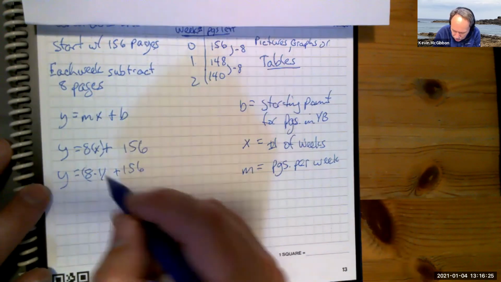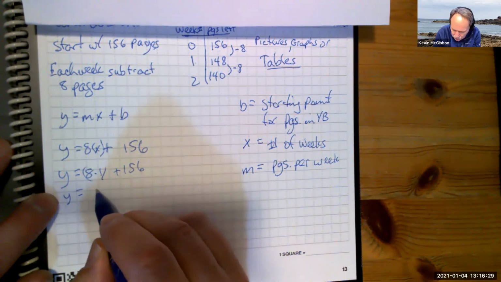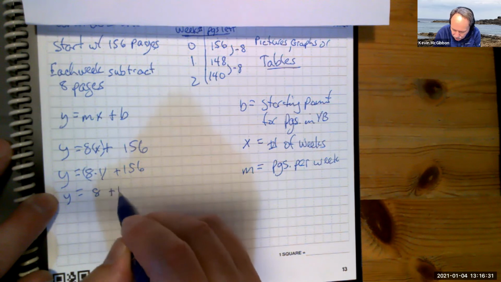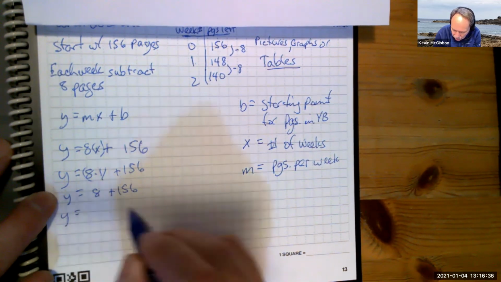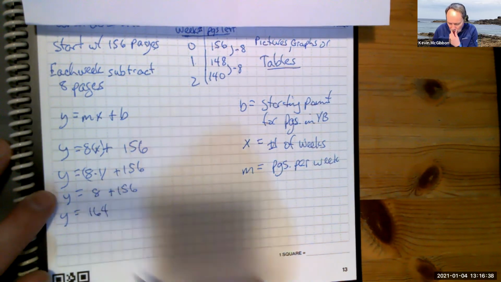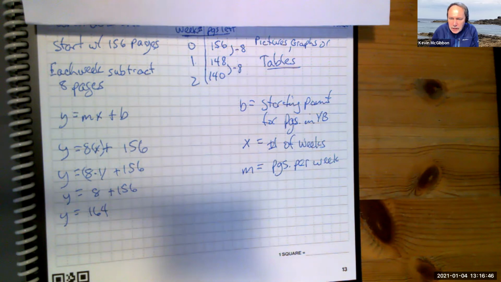That's going to make y equal to 8 plus 156, which is equal to 164. That's not what's in our table though, is it? So I'm not sure that that works.